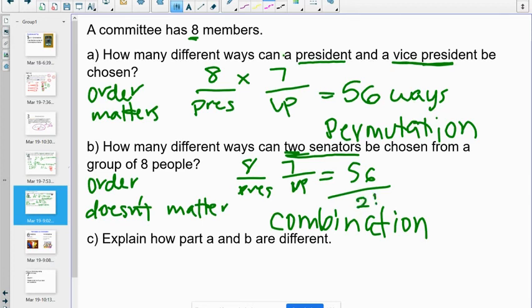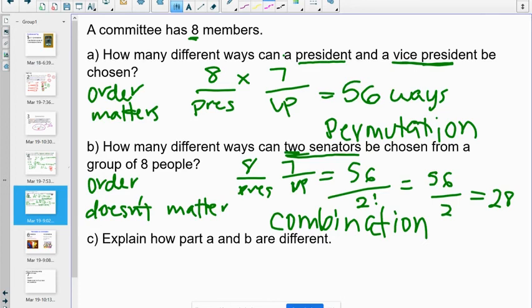If it was 3 people, it'd be 3 factorial. So 56 divided by 2 is going to get you to 28 different ways. And then how are they different? Well, one, order does matter, and the other, order does not. And then we'll go into more depth of it.